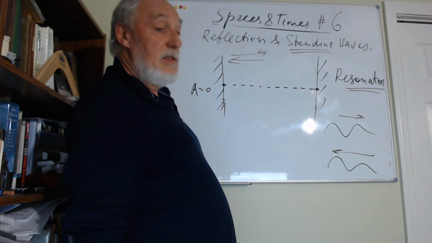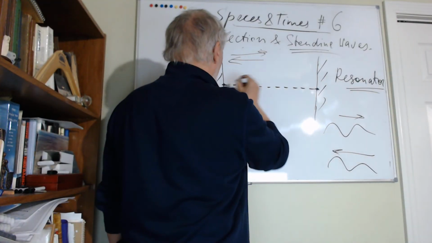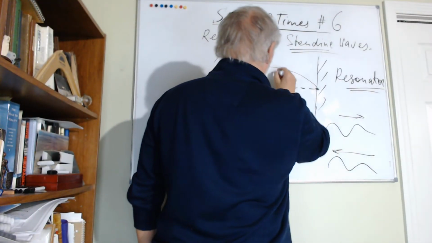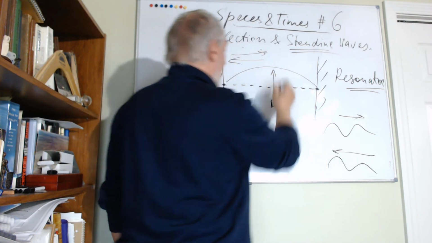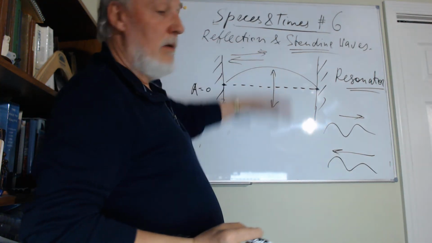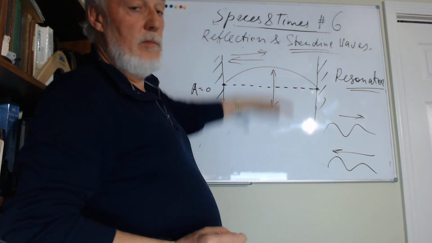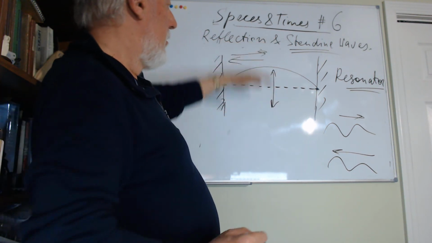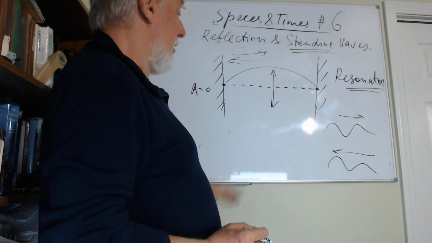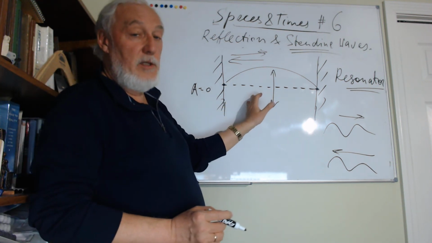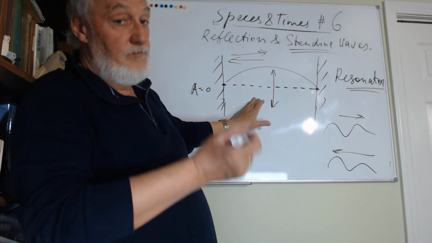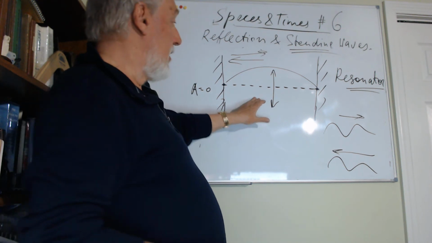The easiest standing wave is like a string which vibrates like this. Here no vibration, here no vibration, here the maximum. Like any string, like in a guitar or in a piano, there are strings there.